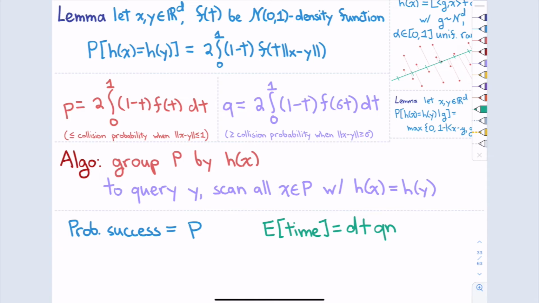If I wanted to get this to constant probability, then how many times should I repeat it?